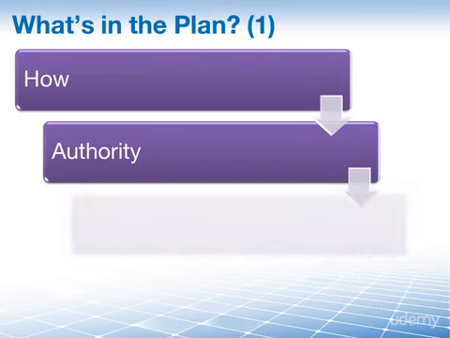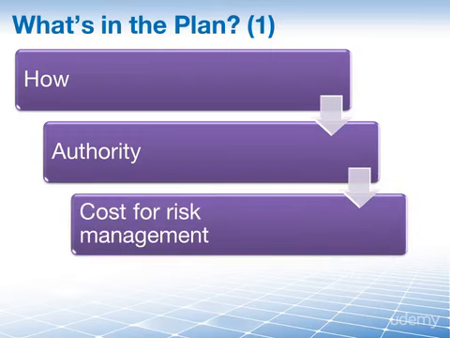Then we have the cost for risk management. This is something else the risk management plan talks about, the budget. We need resources to manage our risks, so we need to estimate a budget that will be part of the project baseline, contingency and management reserves.